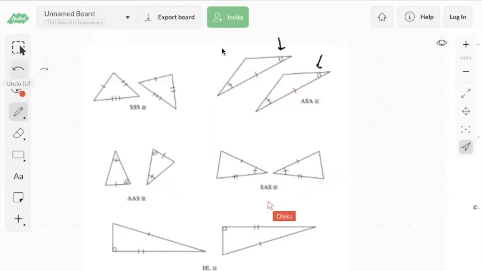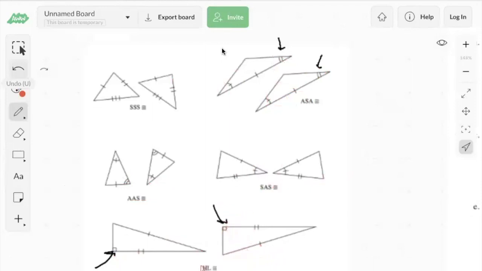And then finally, this is HL congruency, and this is relating to right triangles. It is very similar to the SAS congruency. However, notice that the angle that is the same, which is the 90-degree angle, isn't necessarily between the two sides, right?